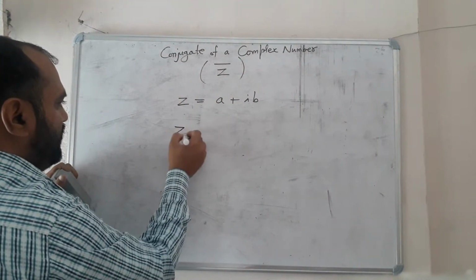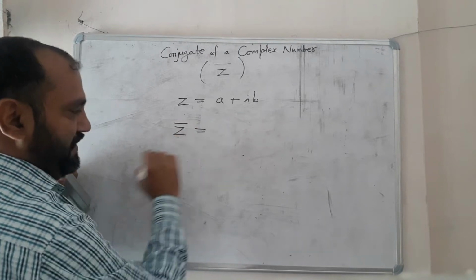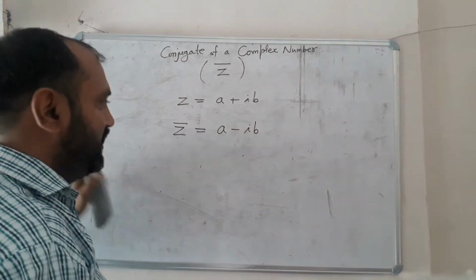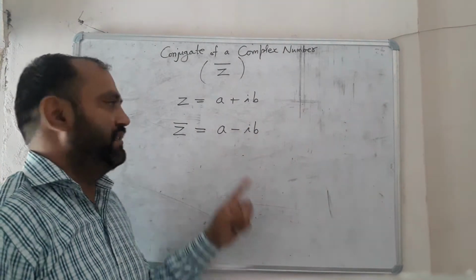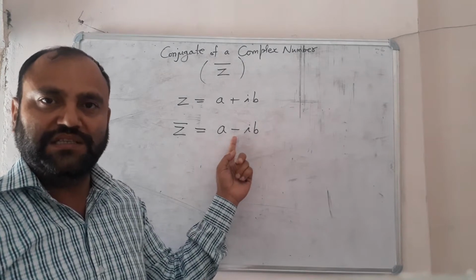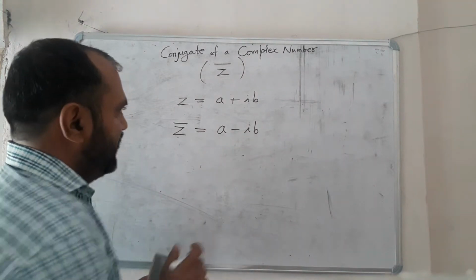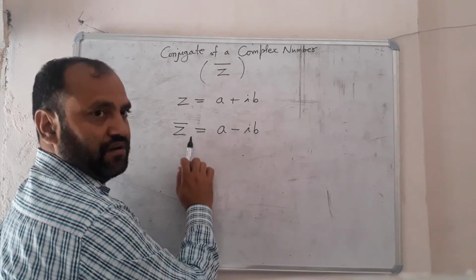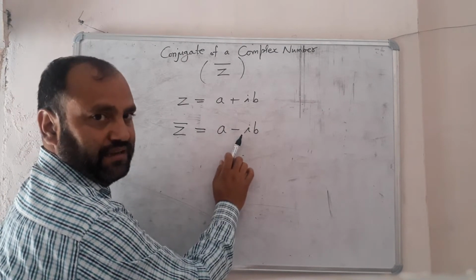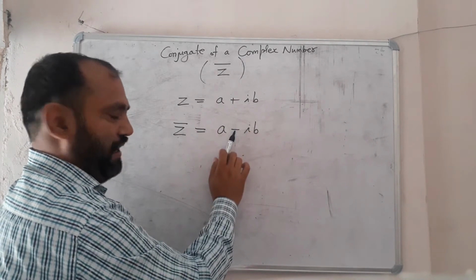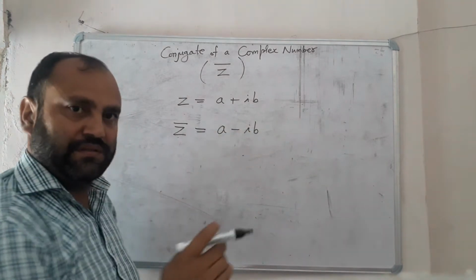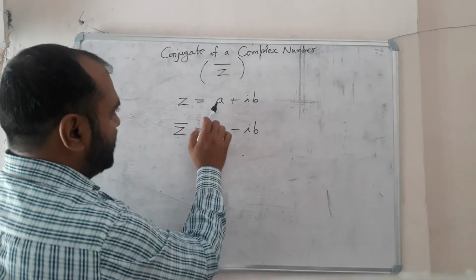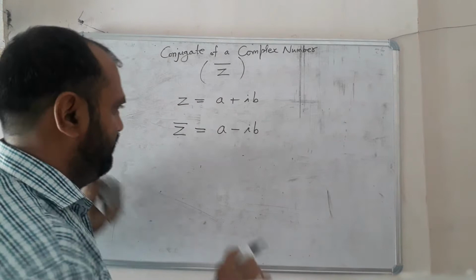Then the conjugate of this complex number is a minus iota b. Means you have to change the sign of the imaginary part. Here it is plus iota b, and when you find the conjugate you write minus. If it is plus then it is minus, and if minus then plus, but the real part remains the same.